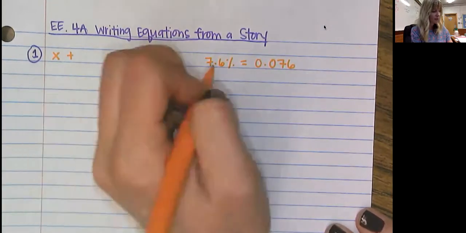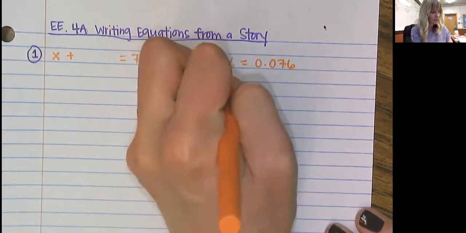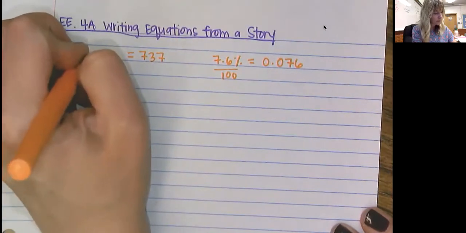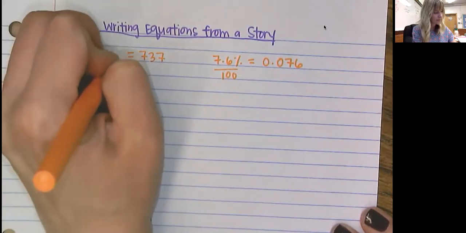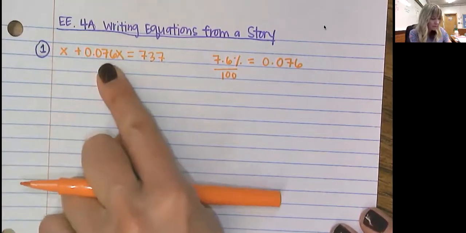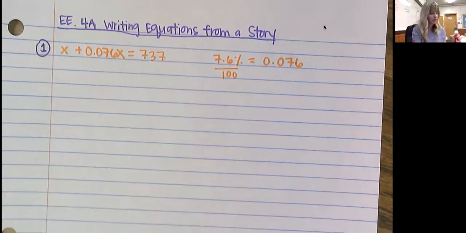And we find that by doing the percent divided by 100, right? You divide by 100 and you get that decimal. And that is the decimal that goes right here, 0.076x. The original price plus 7.6% of the original, remember they both have to have the X on it, equals the total. And that is all you type in here.